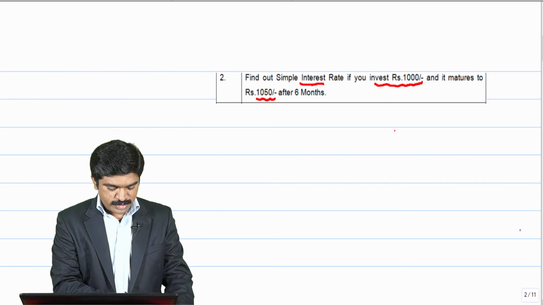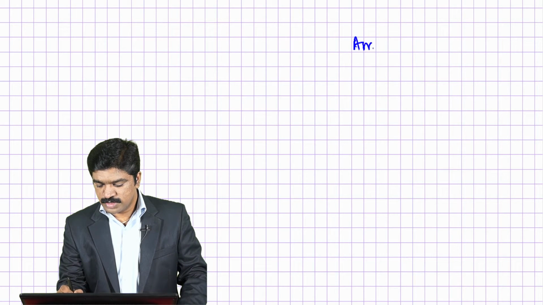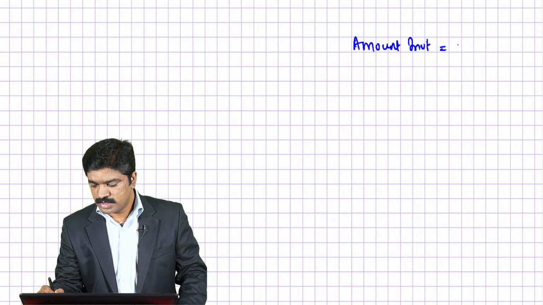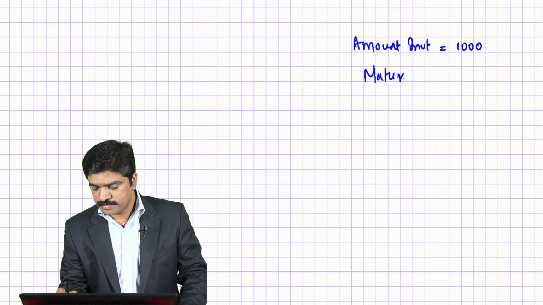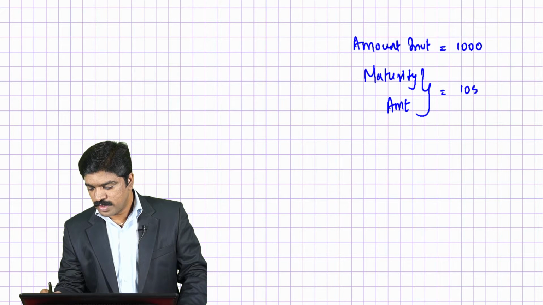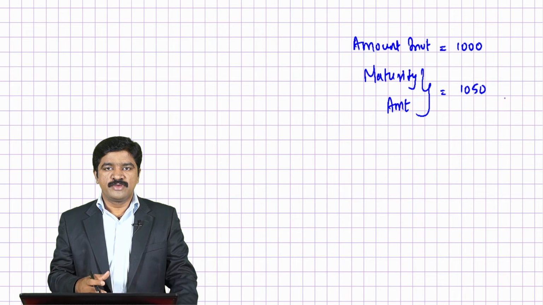Let's look at here. See, the amount you have invested now is 1000 and the maturity amount is equal to 1050. How do we find simple interest and how do we find future value?